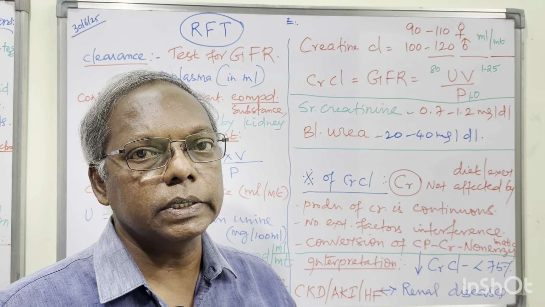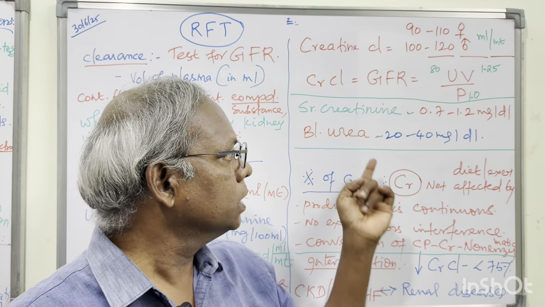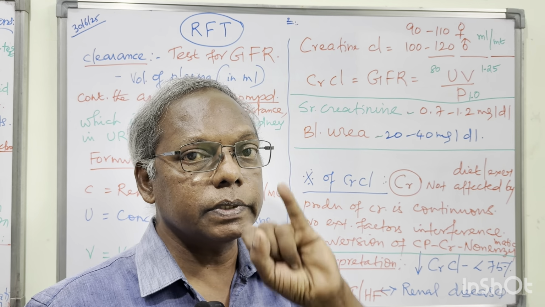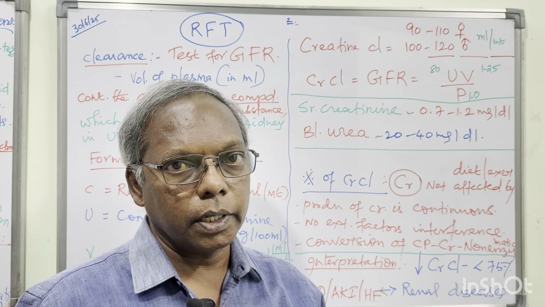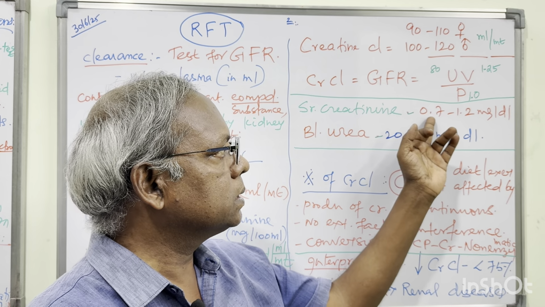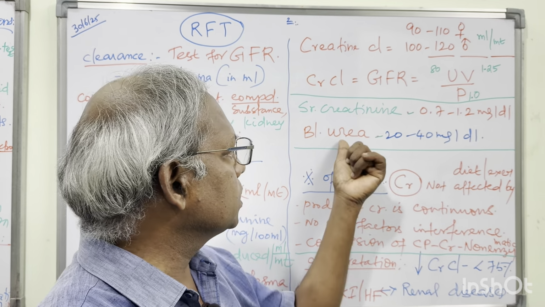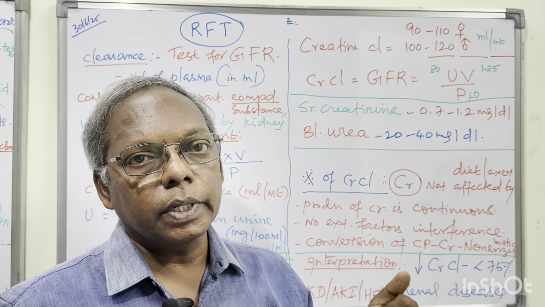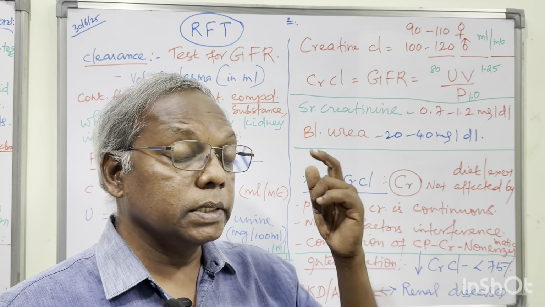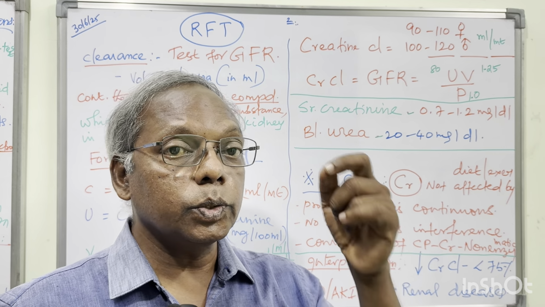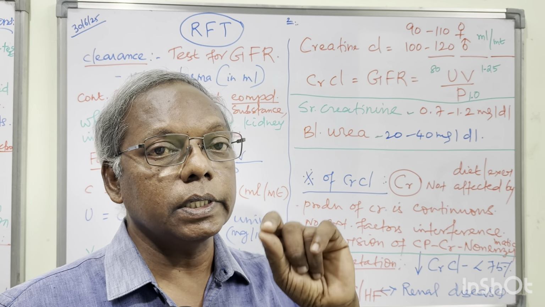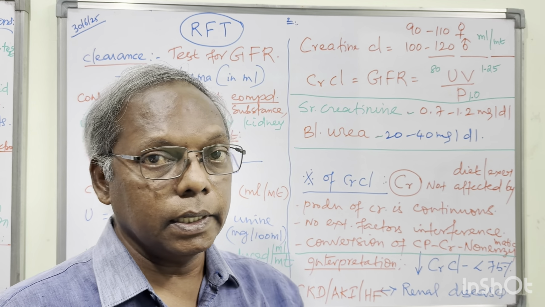Before describing the renal function test, you should know about the normal value of serum creatinine and blood urea. Serum creatinine is 0.7 to 1.2 milligram per deciliter, whereas blood urea is 20 to 40 milligram per deciliter. In some books, they have suggested uric acid also, that is 3 to 7 milligram per deciliter.